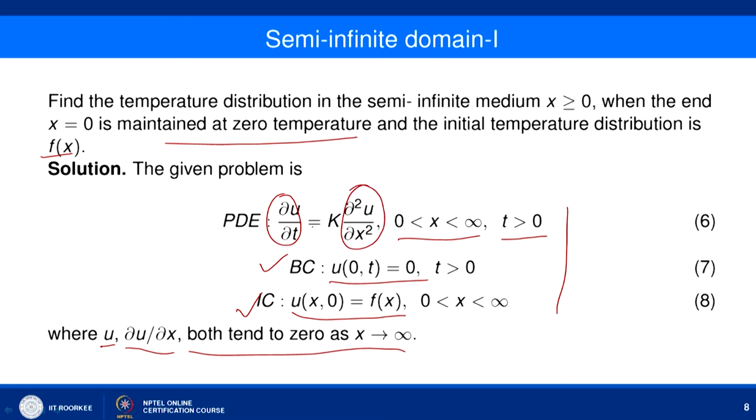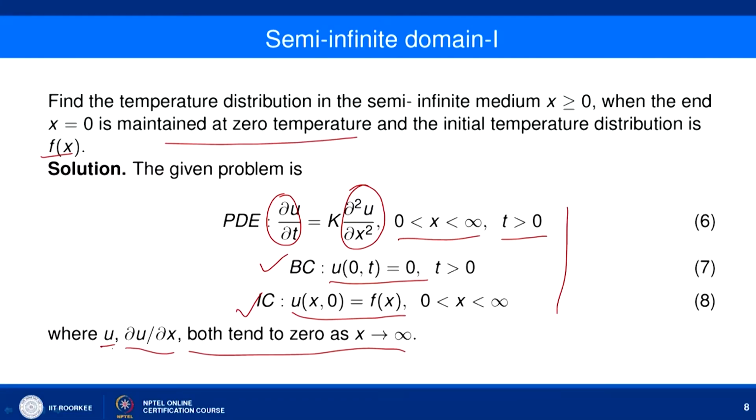When we do integration by parts, we have a boundary term, that is, the value of u or ∂u/∂x at the lower end point, x = 0. Here we only have the condition that u and ∂u/∂x both tend to 0 as x tends to infinity, but we do not know the behavior of u and ∂u/∂x at the end point x = 0. Depending on this we will choose the Fourier cosine transform or the Fourier sine transform.